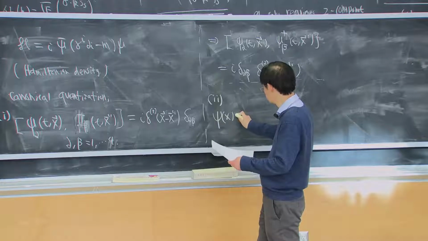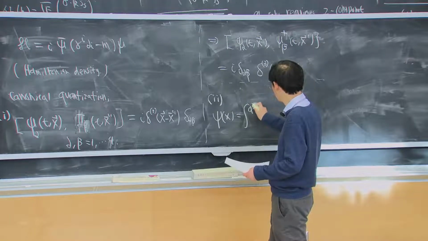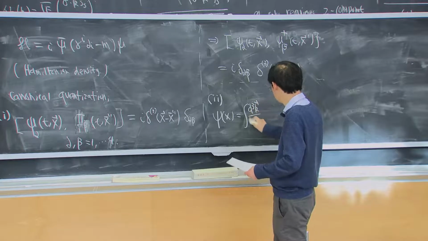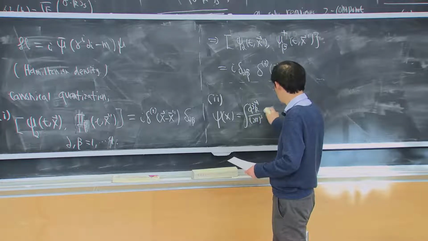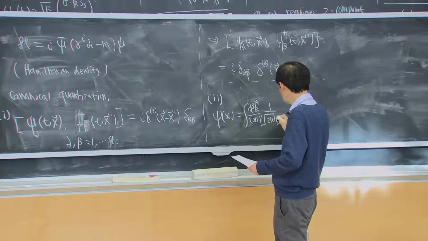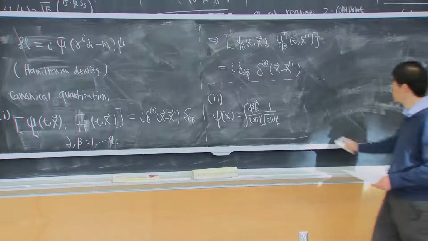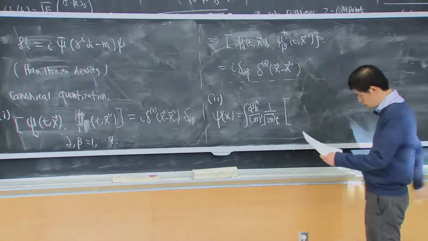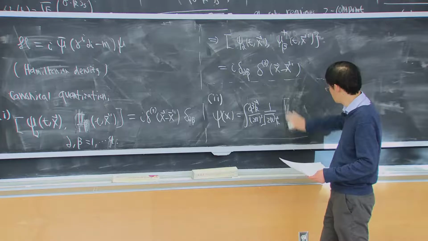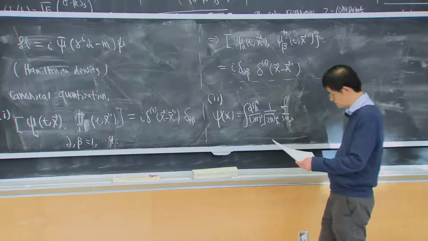So psi(x) is equal to, again, we integrate over all spatial momentum. Again we use this factor for convenience, as in the scalar case. And now we just need to sum over all possible solutions, so here we have a sum over s equal to 1 and 2.